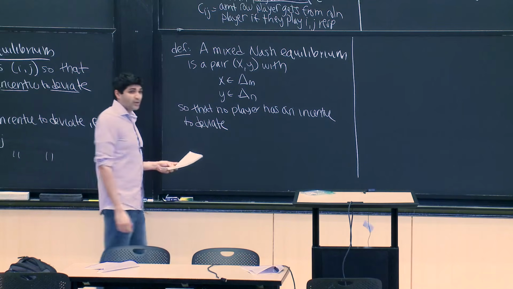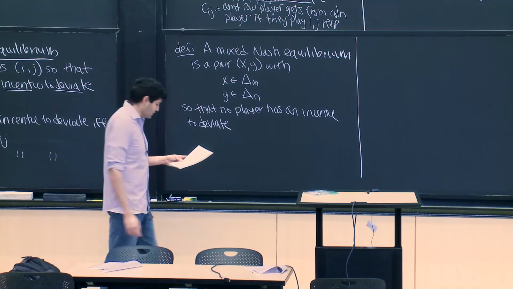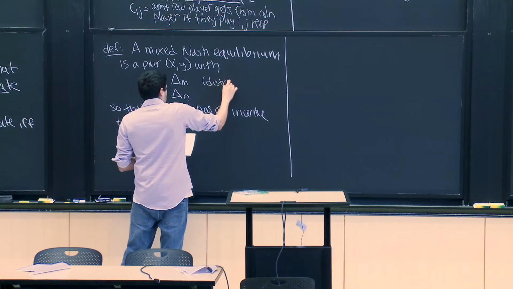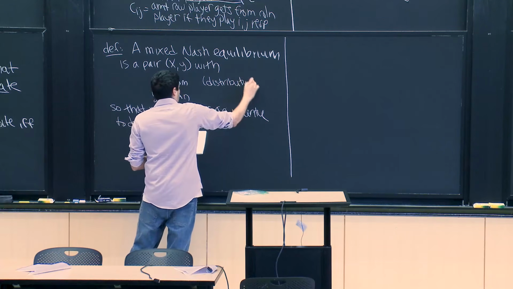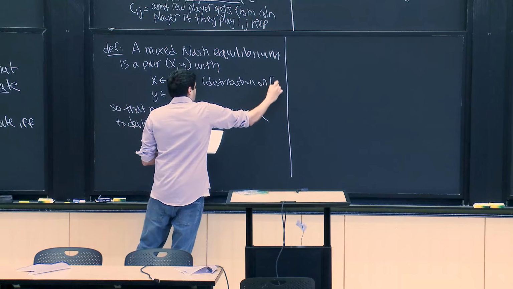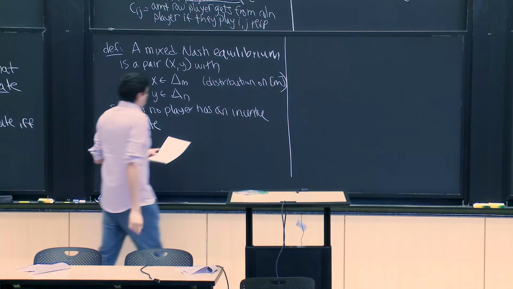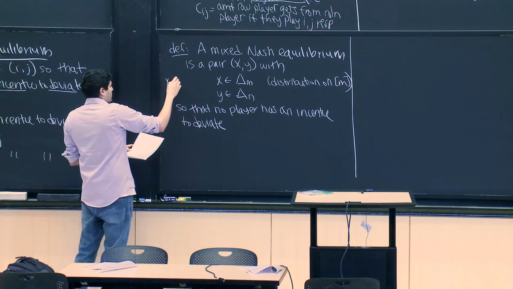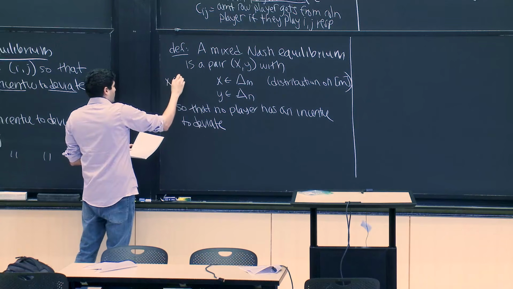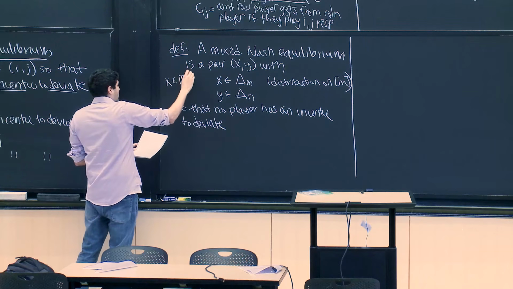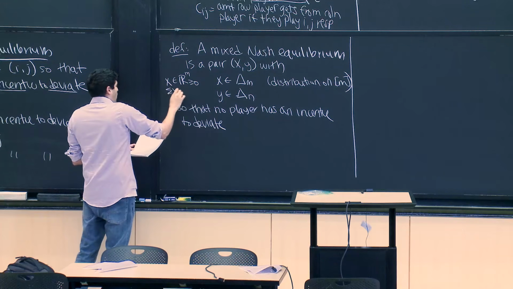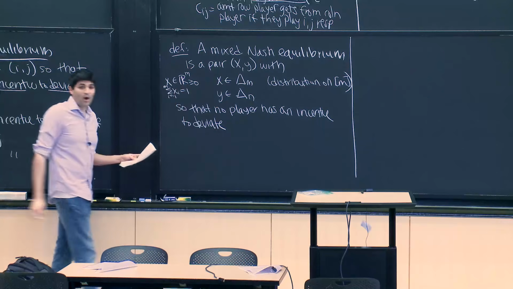So I have to tell you what this notation delta sub m means. It's just a distribution on the set M. Equivalently, x is a vector that has non-negative entries, and the sum of all of these x_i's, from i equals 1 to m, is equal to 1.